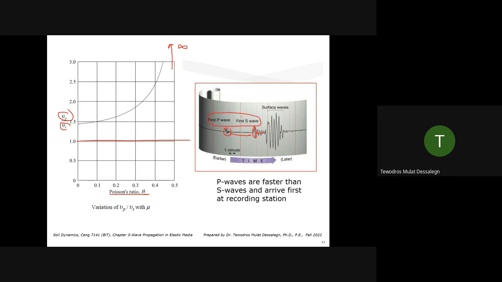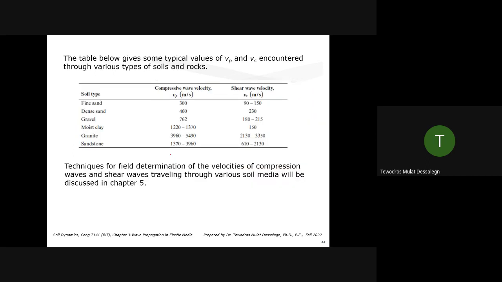When the body waves hit the surface, then at the surface we start observing the Rayleigh and Love waves, the undulations on the ground. P is faster than the S wave and arrives first at the recording station. What we record in the field is matching what the mathematicians developed for the wave velocities.